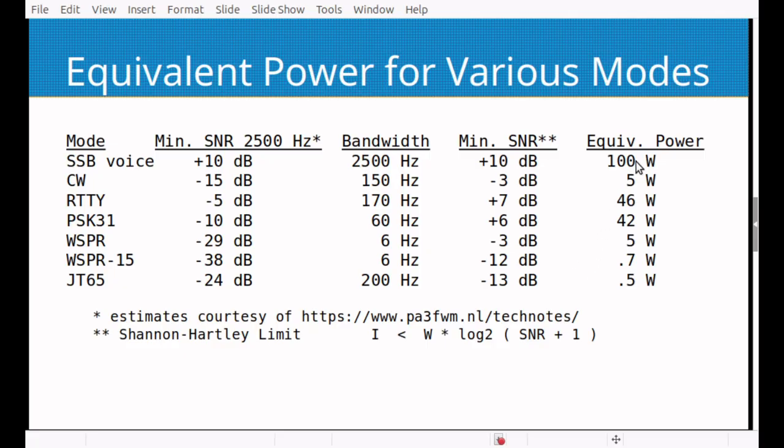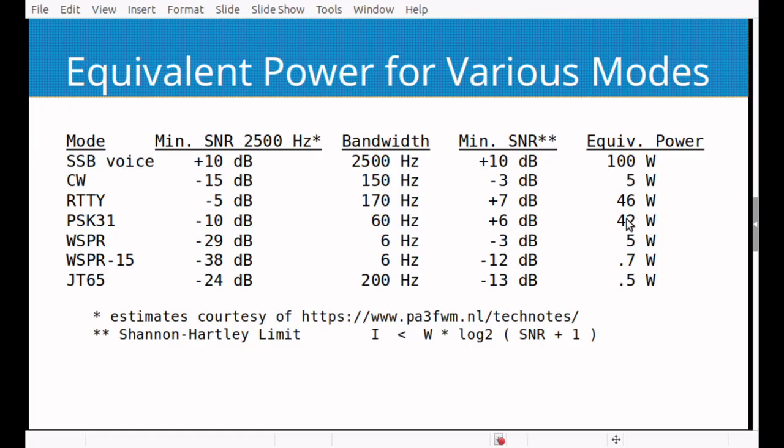So if we wanted to compare a 100-watt single sideband voice transmission with CW, we'd find that to get an equivalent reach, we would only need 5 watts. So 5 watts should reach as far as 100 watts would be with phone single sideband.